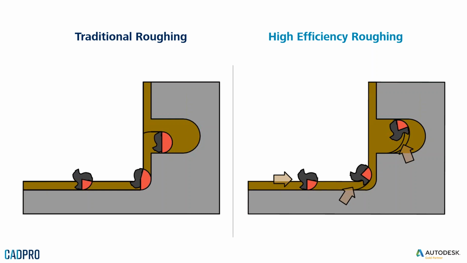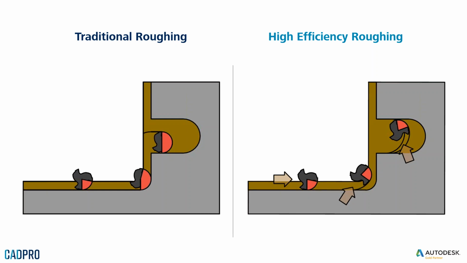So when you're setting your feeds and speeds, you have to set it up for the most loaded condition, which represents the smallest percentage of time that the tool's in that scenario relative to how it's cutting along the bottom horizontal edge there. So you've got a suboptimal result.